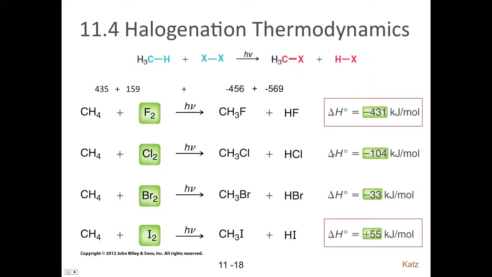And notice the reason why we never use fluorination or iodination is because fluorine is way too reactive. It's way too reactive. It's overreactive, one would say. It's just because there's way too much heat of formation right here.